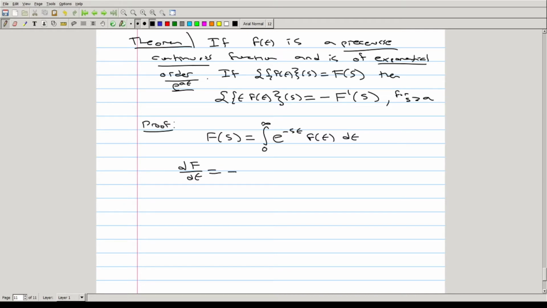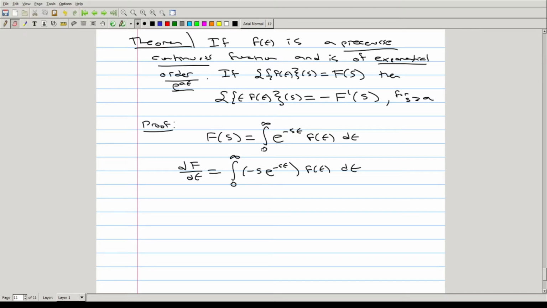And we can write that this is going to be the same thing as the integral of the derivative, which will be negative t times e to the negative st f of t dt.